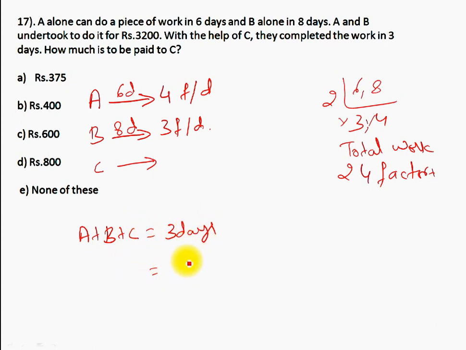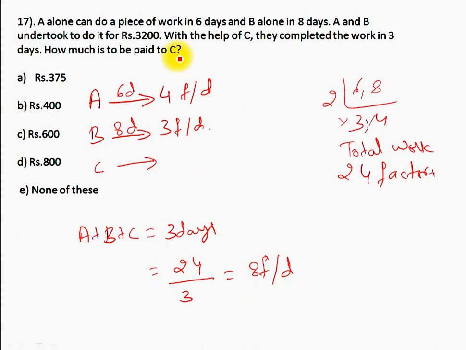A plus B plus C completed the work in 3 days. That means a total of 24 factors of work they completed in 3 days. So together they can complete 8 factors of work per day. If they complete the 24 factors of work in 3 days, per day they complete 8 factors.